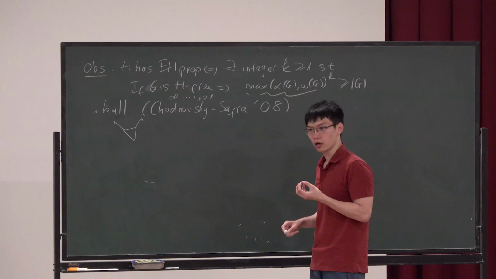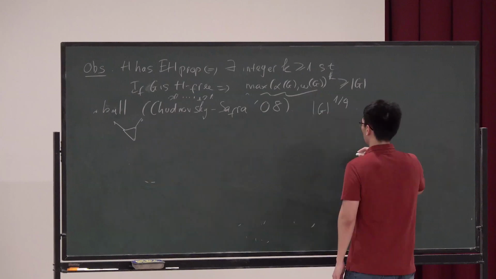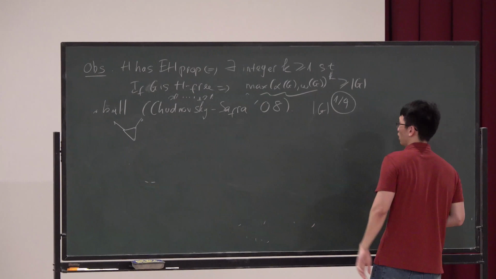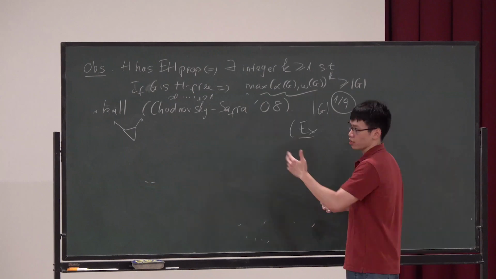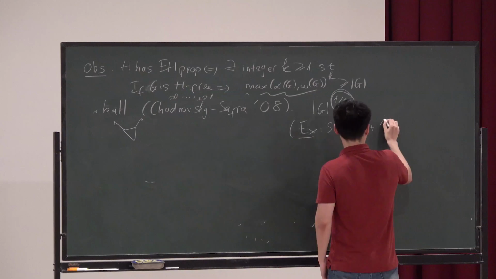And what they prove is you can always find a clique or independent set of this size at least. And an exercise which may be useful for you, after we have discussed the substitution business, is to show that this exponent is optimal.